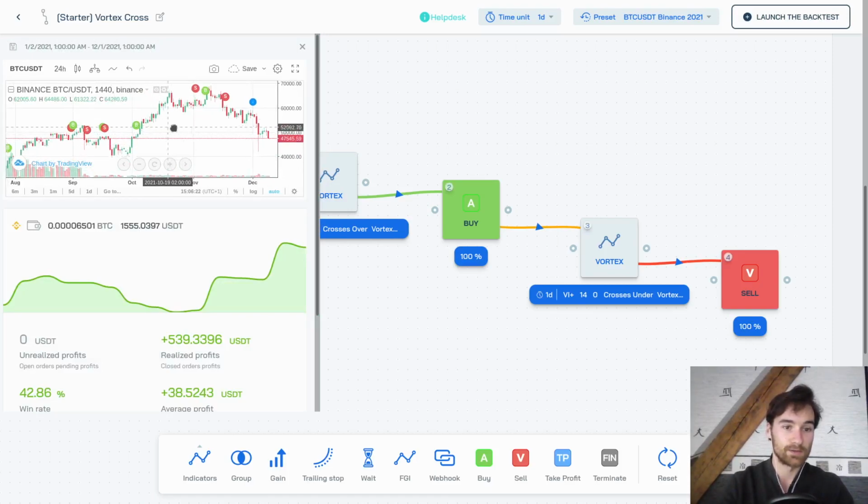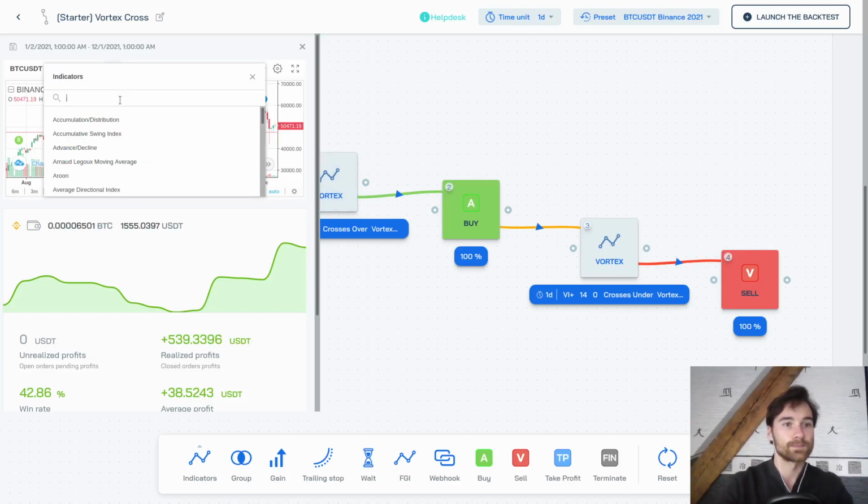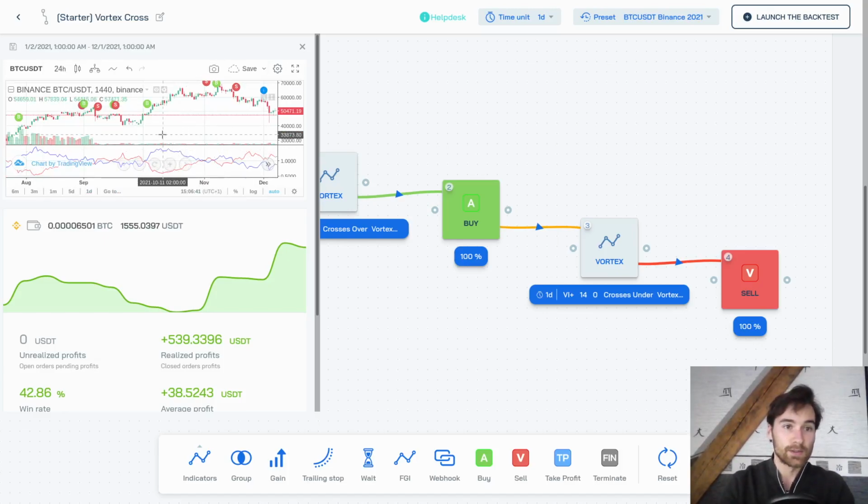Okay, so it's an interesting result. In one year with 1000 USDT, we got 500 USDT profits, so it's quite good. We can see on the TradingView graph the buy and sell signals.